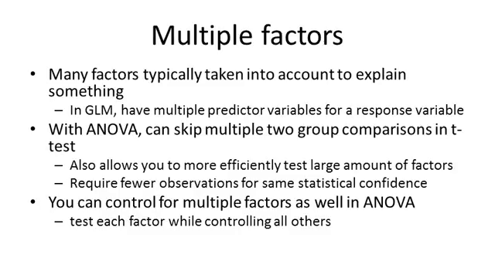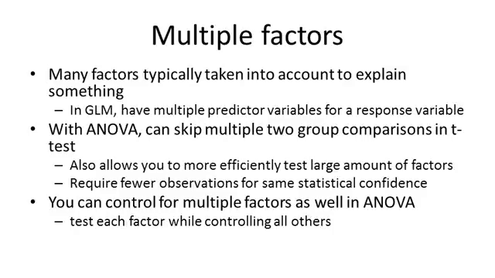So, moving on to multi-factor ANOVA. First, we should discuss what multiple factors are. Many factors are typically taken into account when you're trying to explain something or trying to predict something. In GLM, we had multiple predictor variables for one response variable. With ANOVA, we can skip multiple two-group comparisons in t-tests and use the multiple factors as a way to get around that.